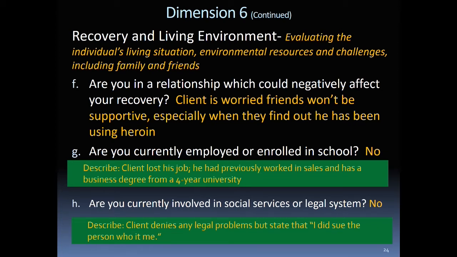And H, are you currently involved in social services or the legal system? And Mr. Doe states no. The quick description: client denies any legal problems, but states that I did sue the person who hit me. So this might be an area to address once Mr. Doe is further along in his recovery process, more stable from an emotional standpoint.